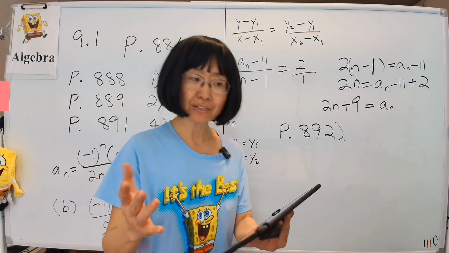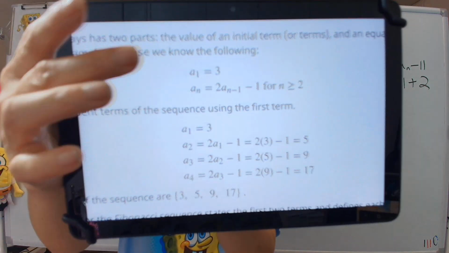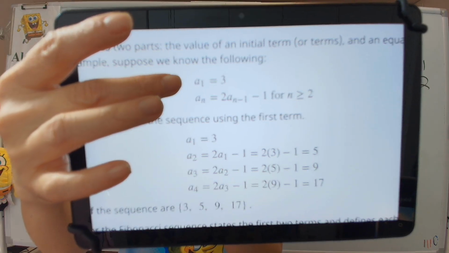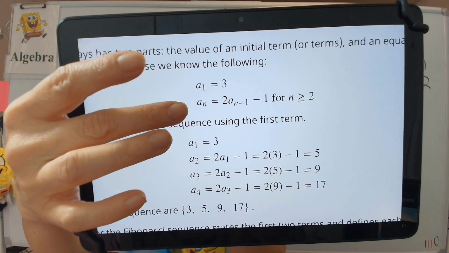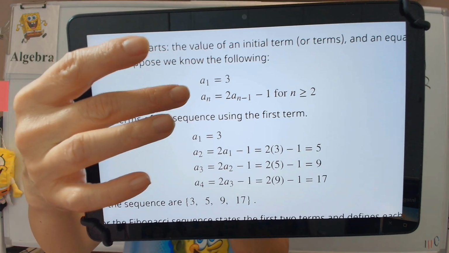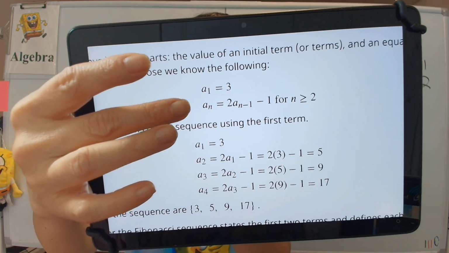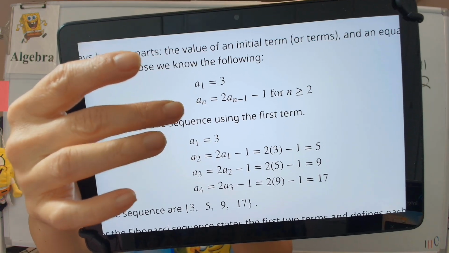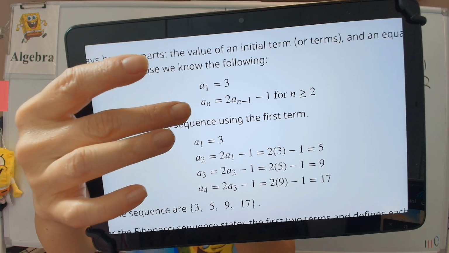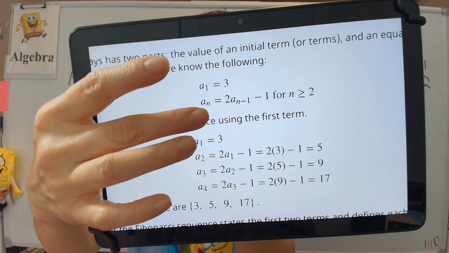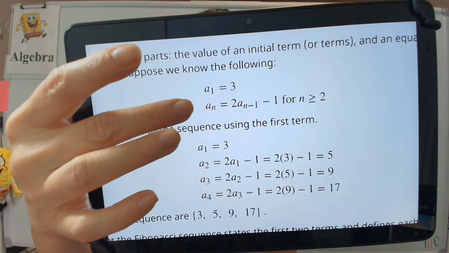You start with the first one, of course. So we have a definition that says a1 is 3, that's fine. And then everything following is the previous one multiplied by 2 minus 1. Each term after the first is equal to the one right before it times 2 minus 1.